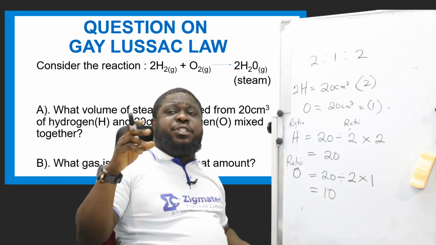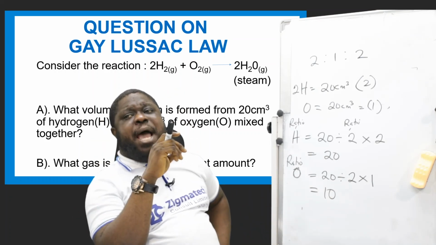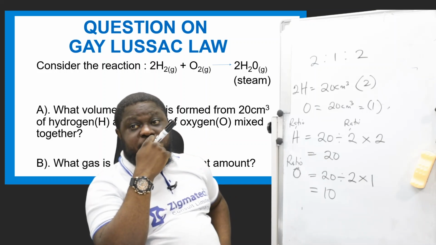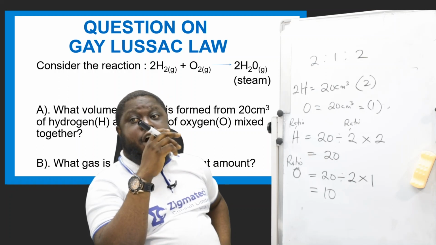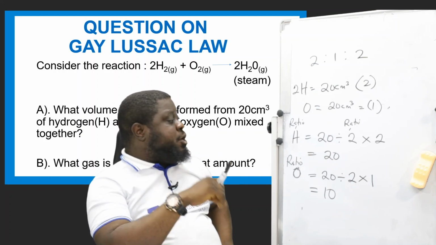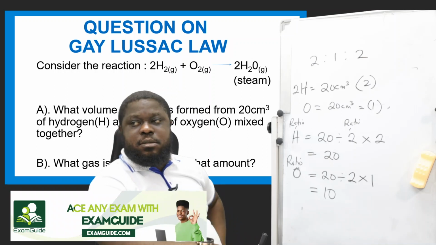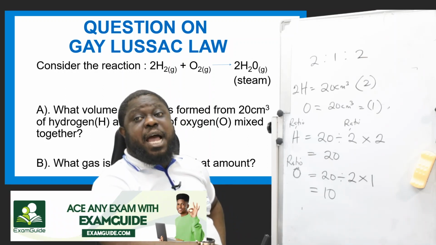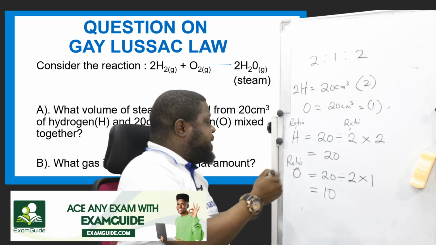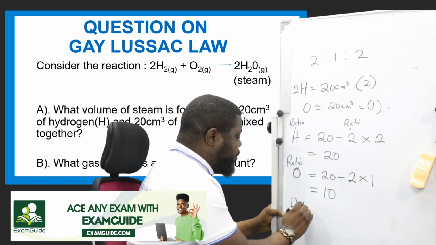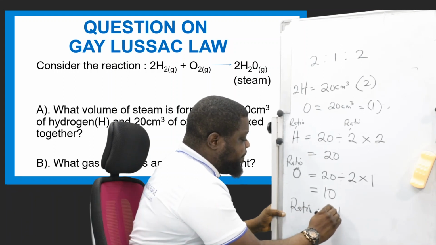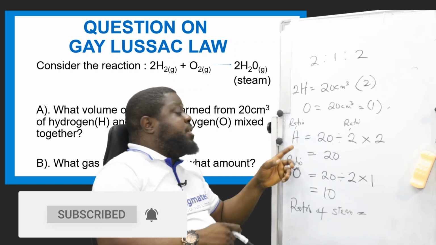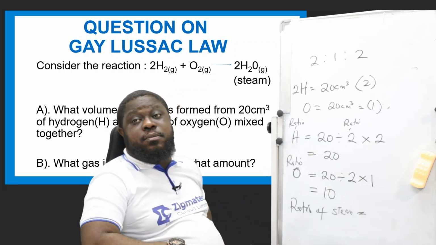Now, if you check, the steam comprises oxygen and hydrogen. Oxygen there is 20. Hydrogen is 10. In essence, ratio of steam is equal to the hydrogen minus the oxygen.